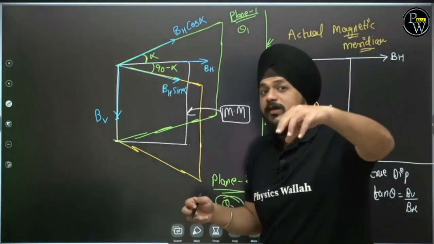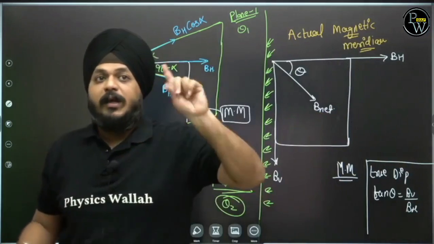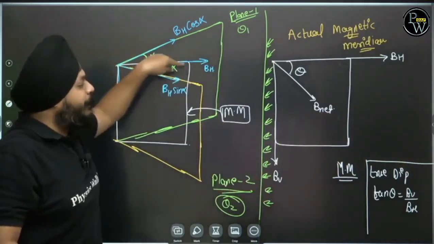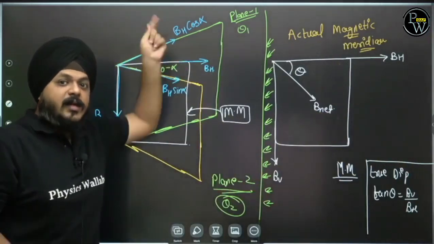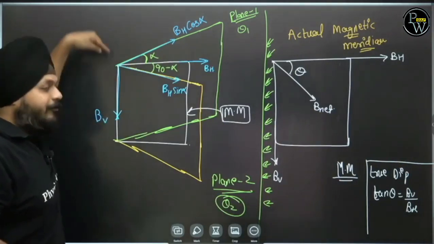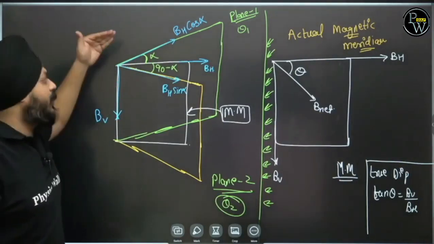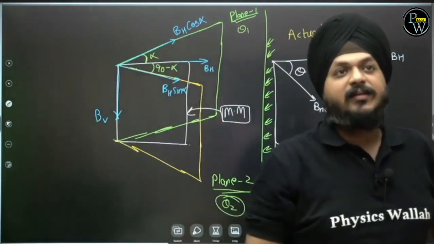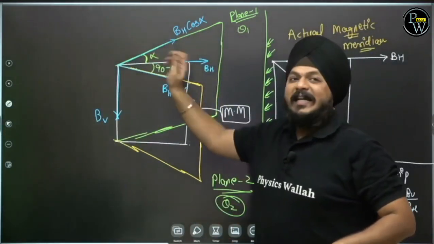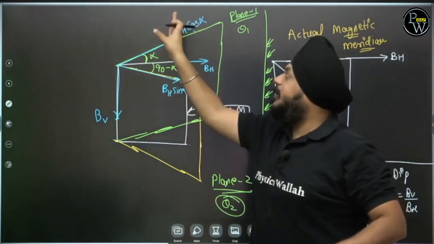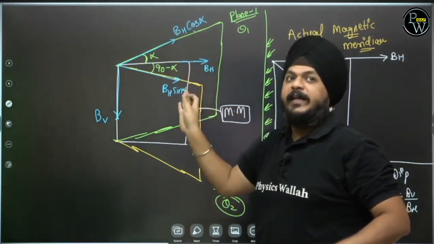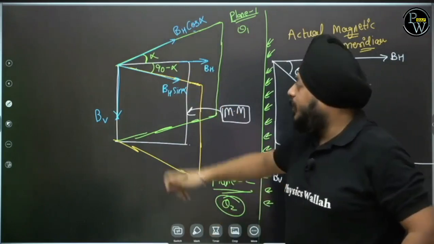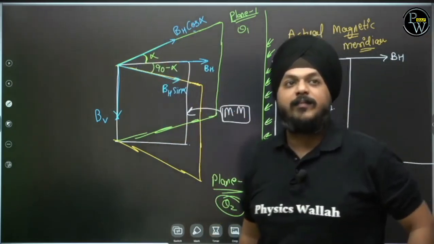The apparent dip is for the plane that makes angle alpha with respect to the magnetic meridian, such that the vertical component remains same, but the horizontal component changes by the angle. Suppose it is tilted at angle alpha, then one component is BH cos alpha, another is BH sin alpha. The vertical component is going to be same.